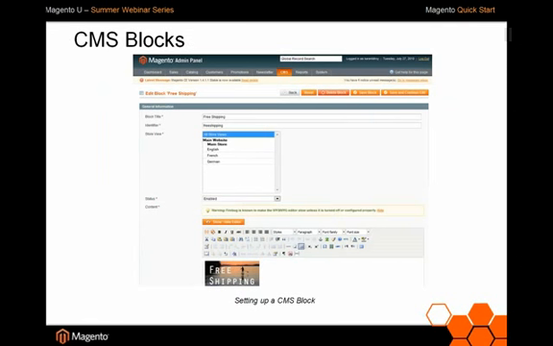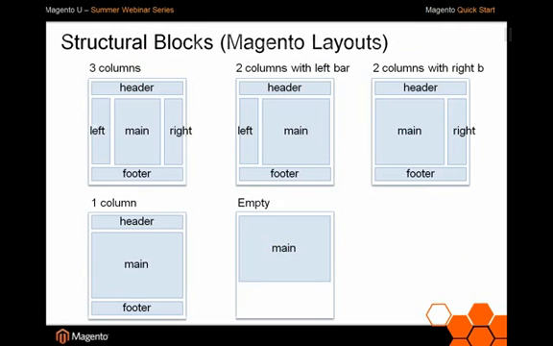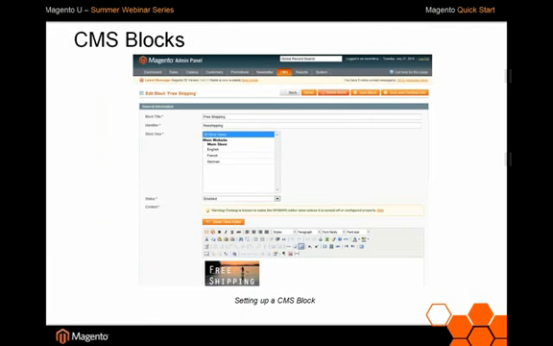A CMS block is a piece of content that you're creating that you'll place in the structural block. So you might have a CMS block that you can place in the left structural block. So we'll get to that. It's not as complex as it sounds. But those two terms are very similar, so I thought it was important to make the distinction.